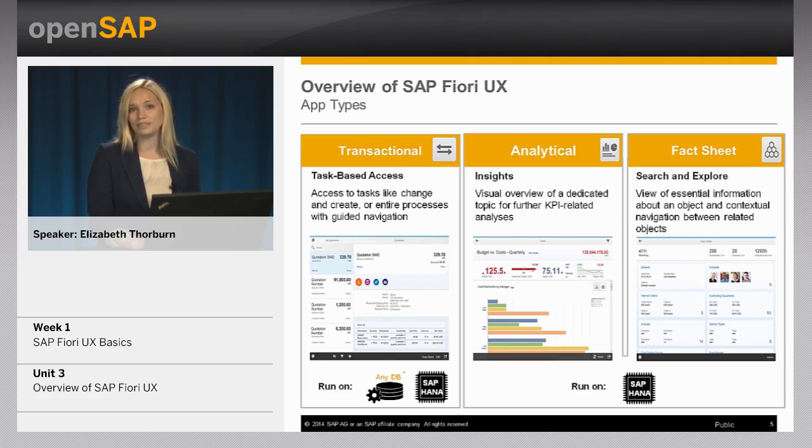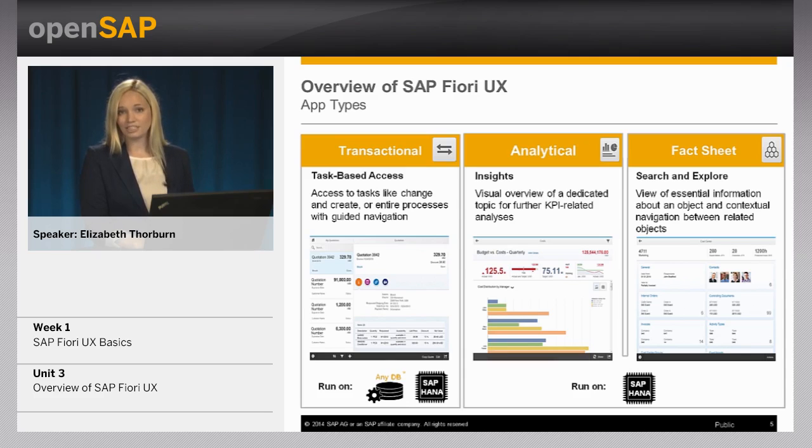Analytical apps offer the ability to monitor your most important KPIs in real time, where you can react immediately on changes in market conditions or operations. And the third app types are fact sheets. They display contextual information about central objects used in business operations. For example, we have a material fact sheet, which Jamie will talk to you about in week 6, and they allow users to display contextual information about the material.